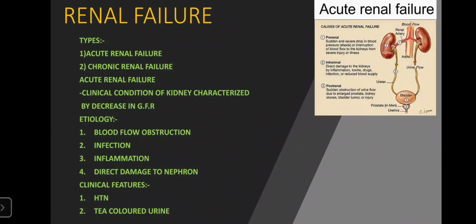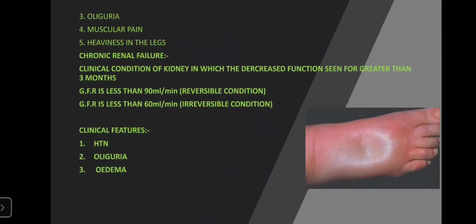In such cases, the clinical features of acute renal failure will be hypertension, tea colored urine, oliguria, muscular pain, and the patient also complains of heaviness in the leg.